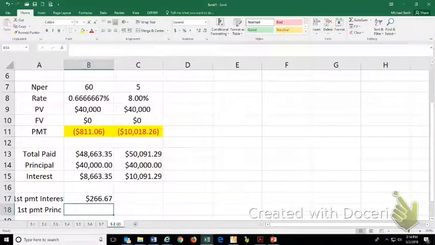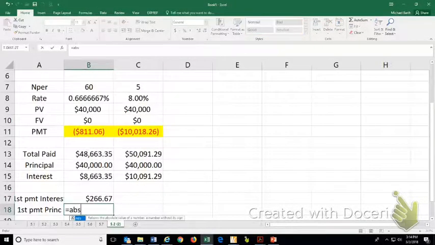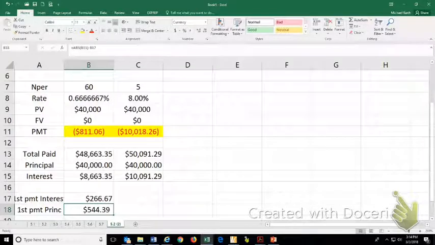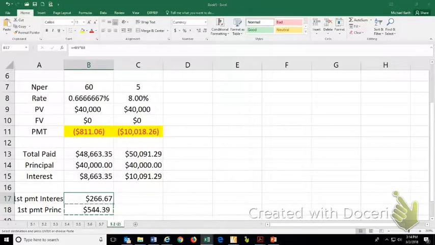So how much will be principal? Well, if you send them $811.06, they'll take anything you send them above and beyond the $266.67 of interest and reduce the loan amount.